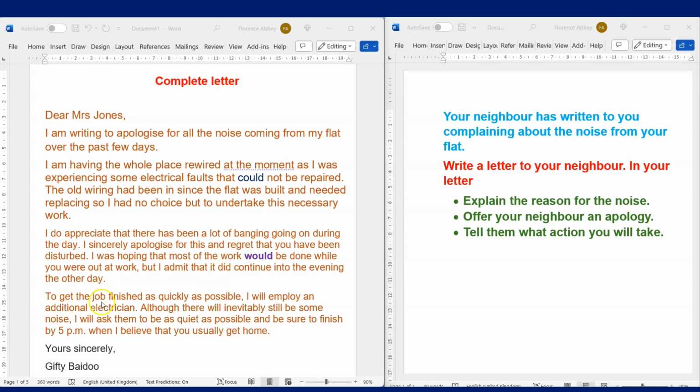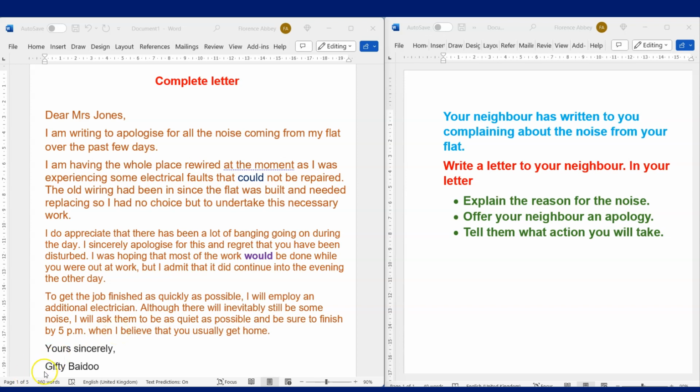To get the job finished as quickly as possible, I will employ an additional electrician, although there will inevitably still be some noise. I will ask them to be as quiet as possible, and be sure to finish by 5 p.m. when I believe that you usually get home.